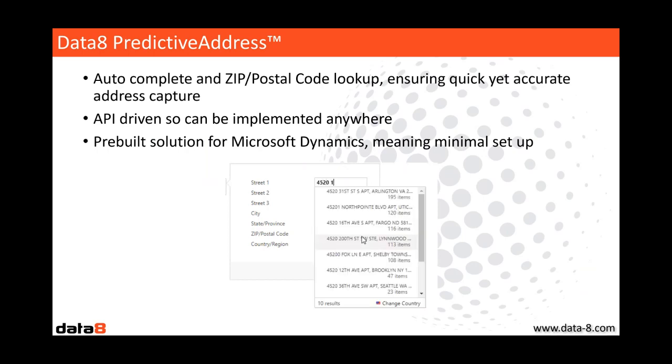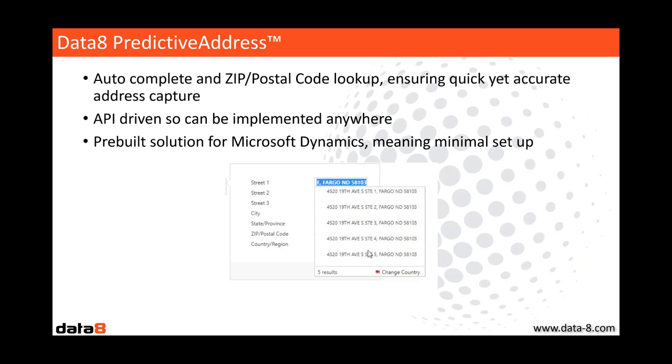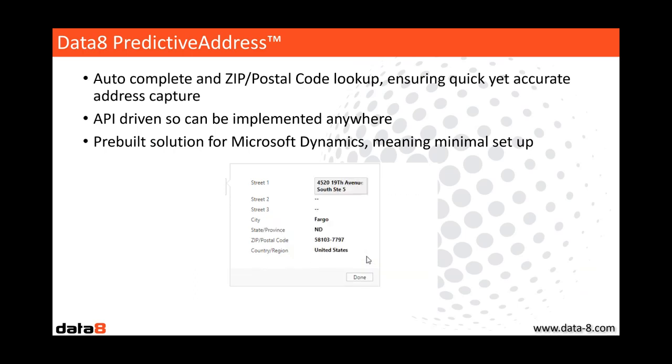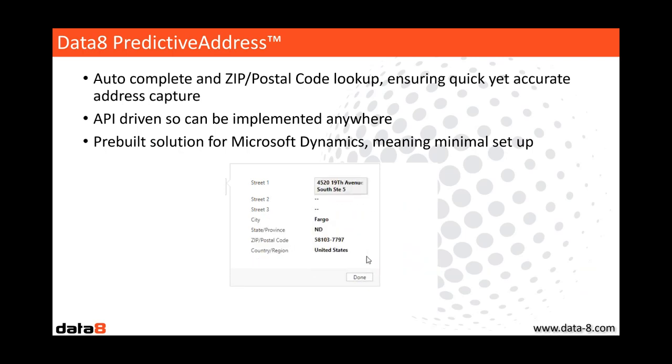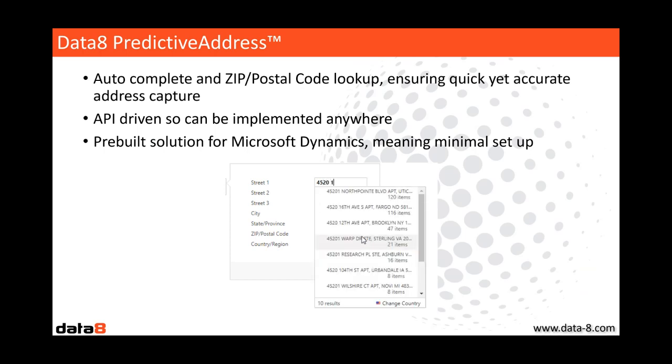Just to give you a little idea of what some of those look like. So Predictive Address, you can see here a demo of this in the old UI. We've recently done an update to get this compatible with the unified interface as well. So you just start typing an address in, you get a list to pick from, and you get a complete, accurately, consistently formatted address straight into your standard address fields.